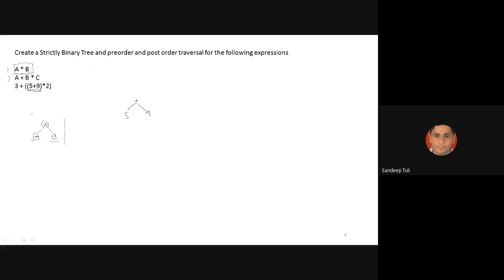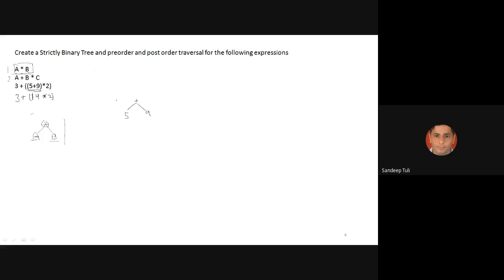Now the result of 5 plus 9 is 14, and it will be multiplied by 2, as per the given expression. Yes or no? I am trying to solve it parallelly in the mathematical way, so that you understand. That's why I have taken this particular example. So 9 plus 5 is 14. Now 14 will be multiplied by 2.